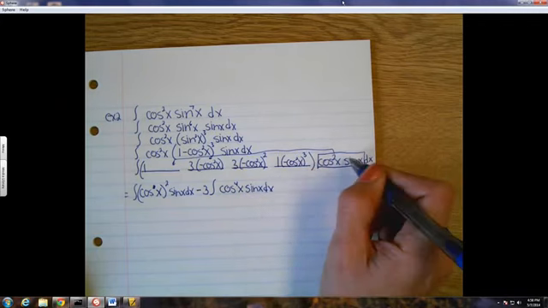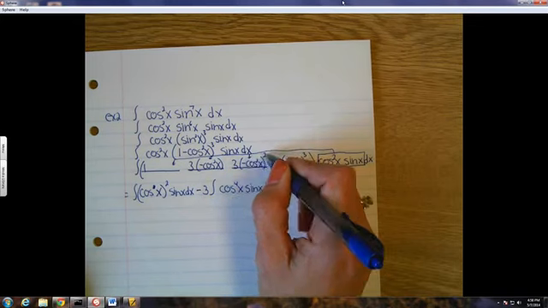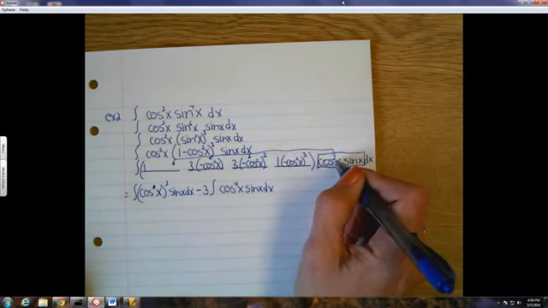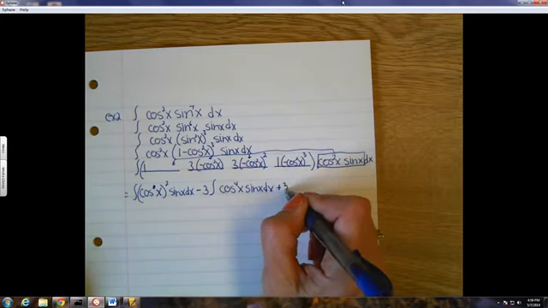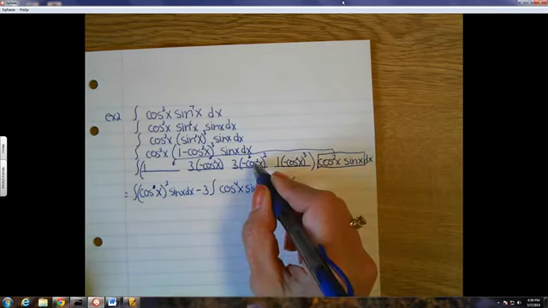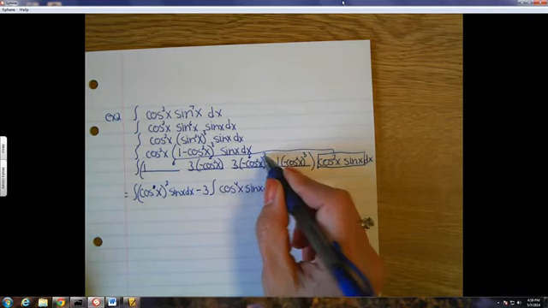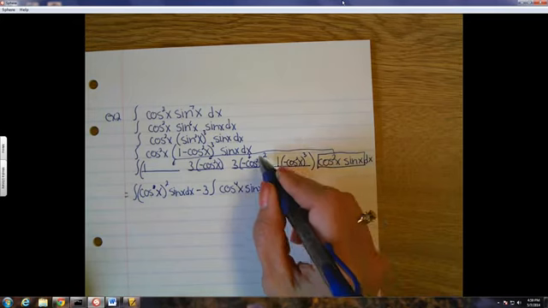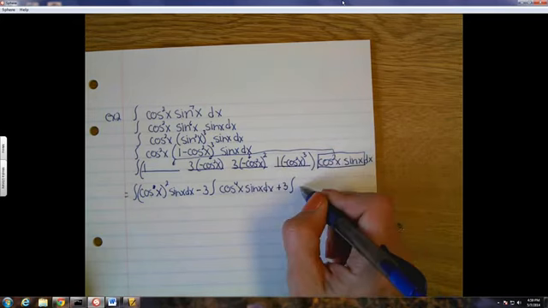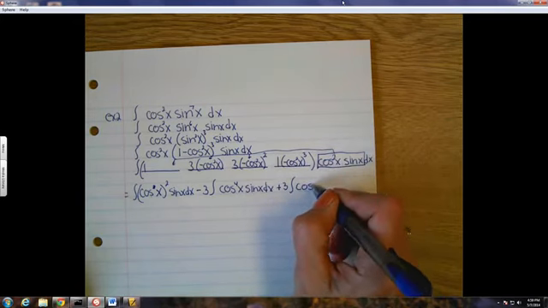Okay, distributing here. I have to do the power first, then combine with this. So a negative squared is positive, 3. This will become cosine to the 4th. And when I multiply by a cosine squared, I add the exponent. So 4 plus the 2 is going to give me cosine to the 6th, not cosine to the 8th.